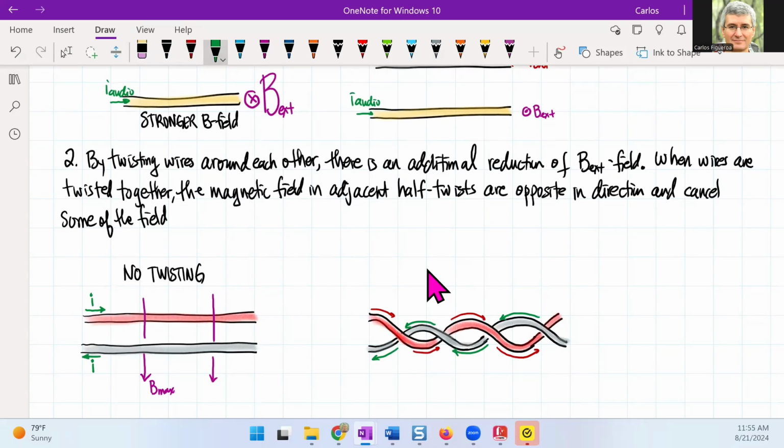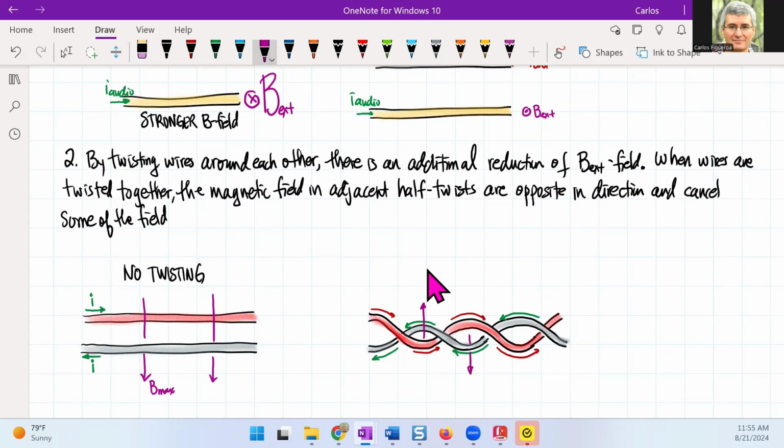So what you're seeing here is that I'm getting alternating magnetic fields. So if I look in this situation, that magnetic field actually comes out like this. This one goes down like this.